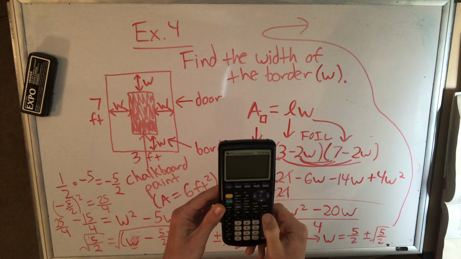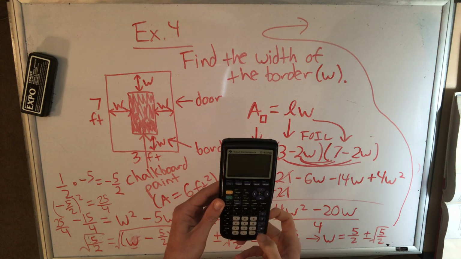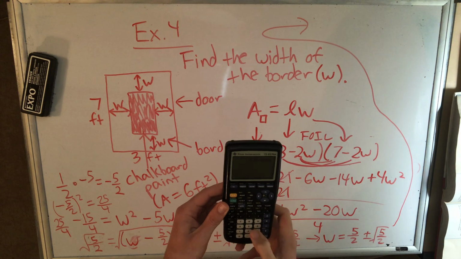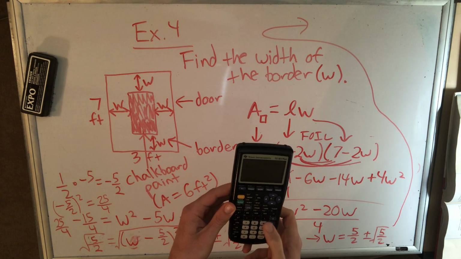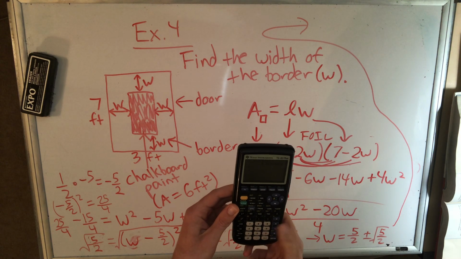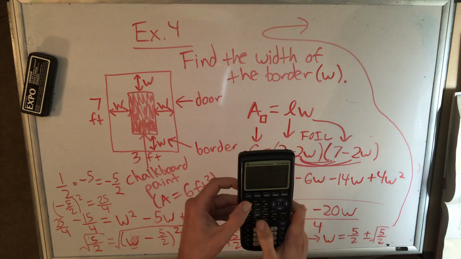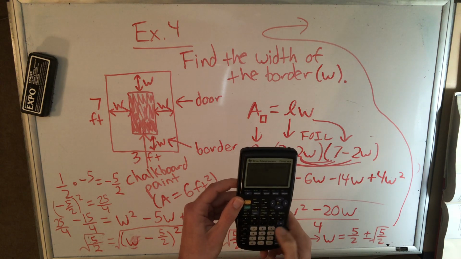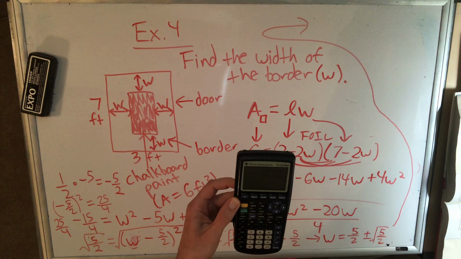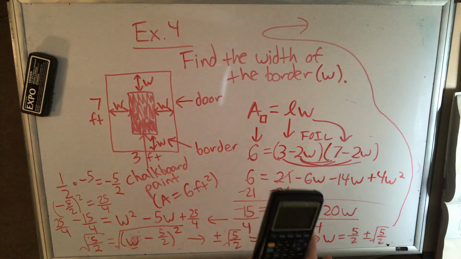And then 5 divided by 2, close parentheses for square root of 5 over 2. And that gives us 4.08 when you round it to the nearest hundredth, the second decimal place. Now let's do 5 over 2, or 2.5, minus square root of 5 over 2. And rounded to the nearest hundredth, you get 0.92 feet.